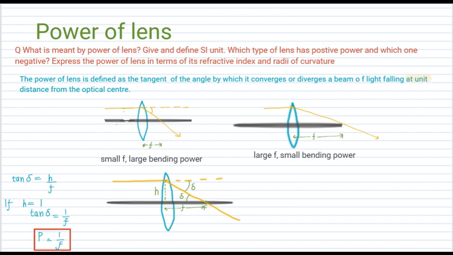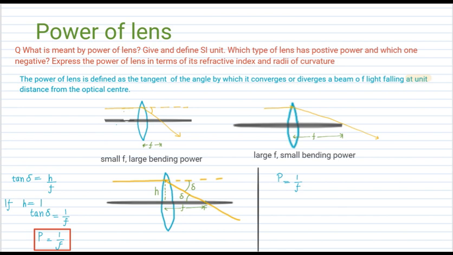So if P equals 1 by F, now we can define its SI unit. If P, power, equals 1 upon F, you know what is the SI unit for F?